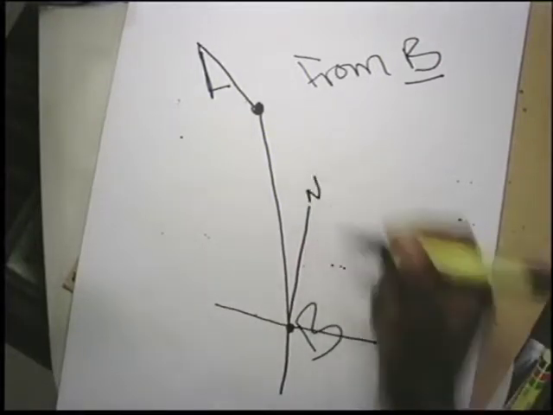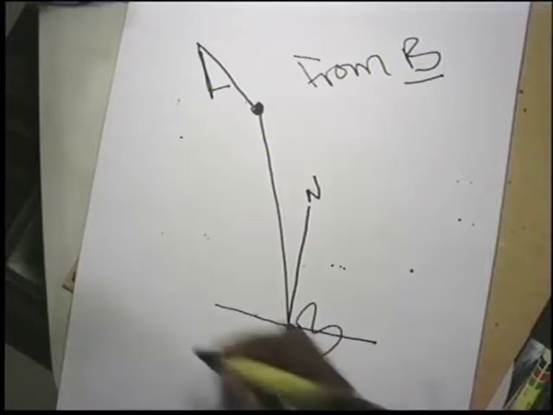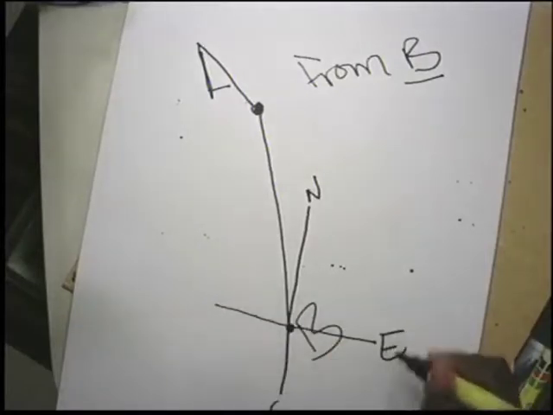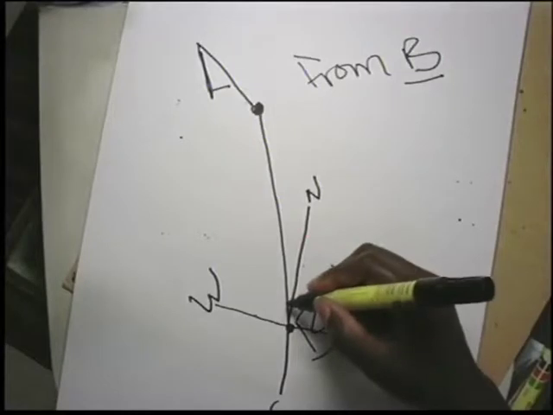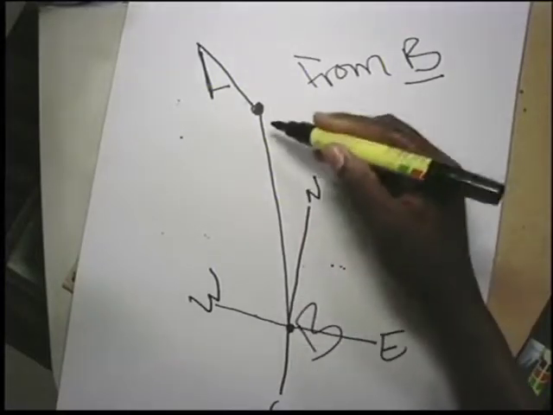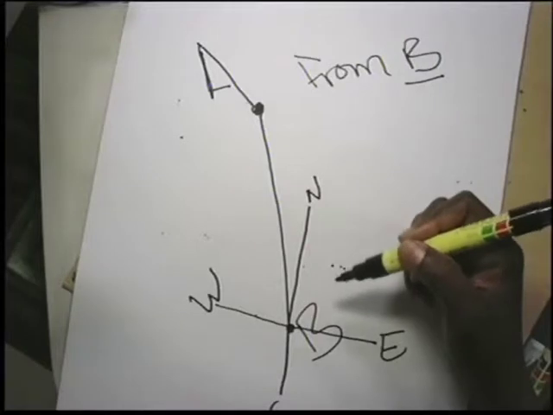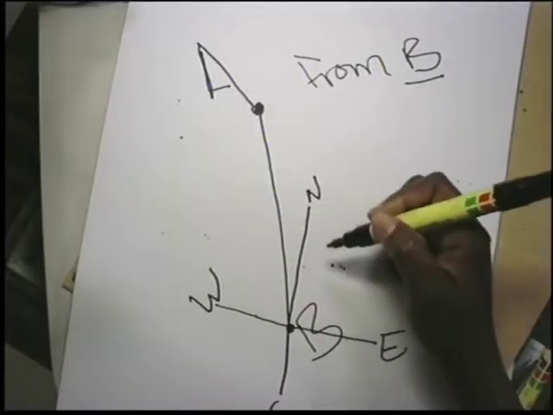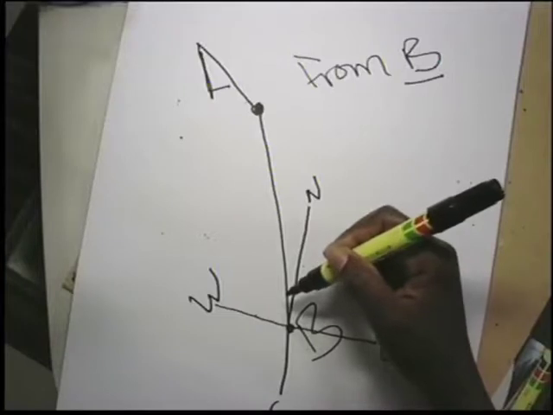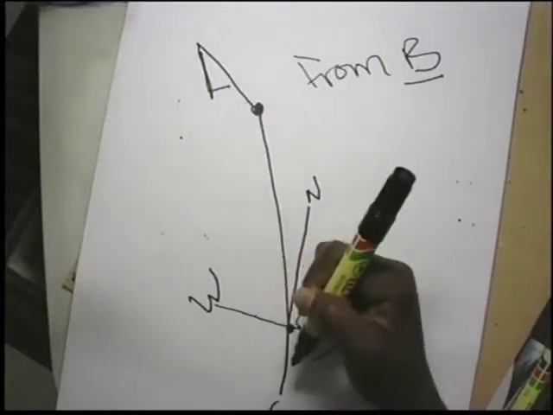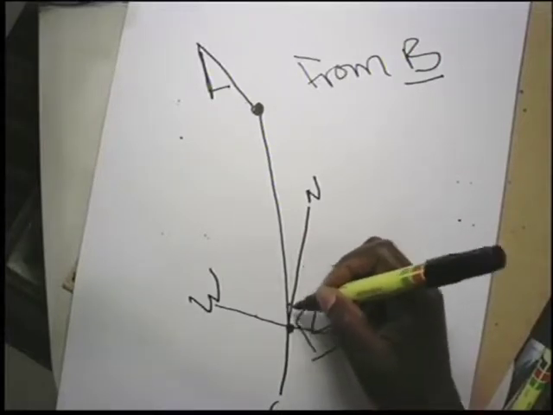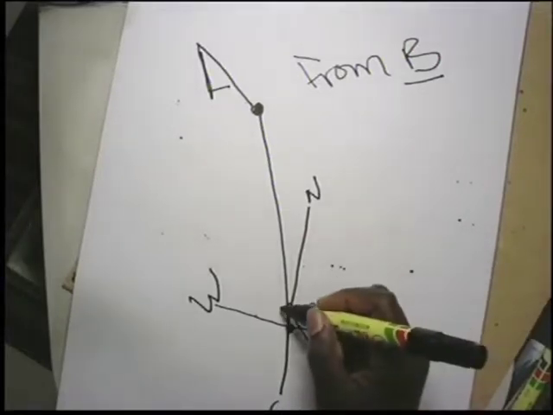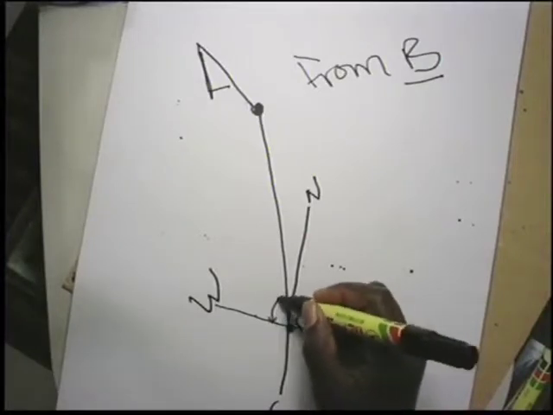You have your north, your south, your east, and your west. Now, you look at the angle between your point and the north, as well as your point or your object and the west. When you see that, you can see that this angle is smaller, and this angle is bigger.